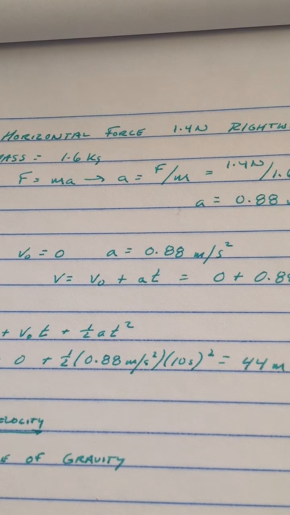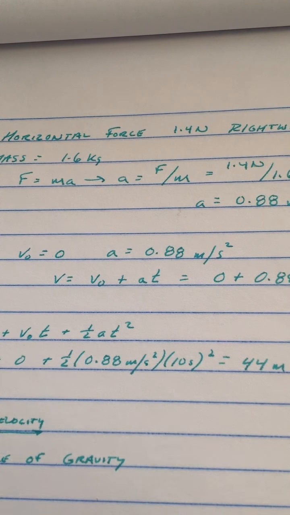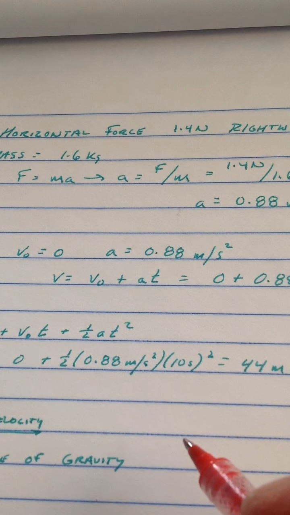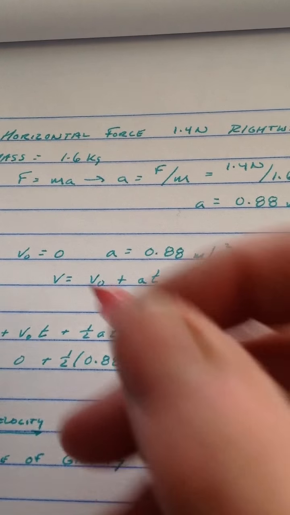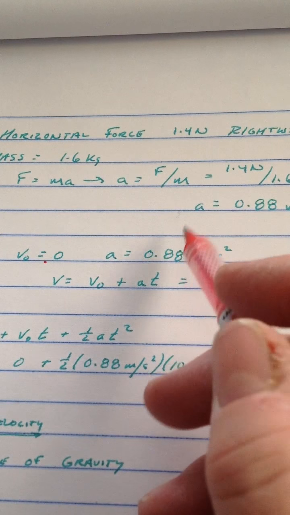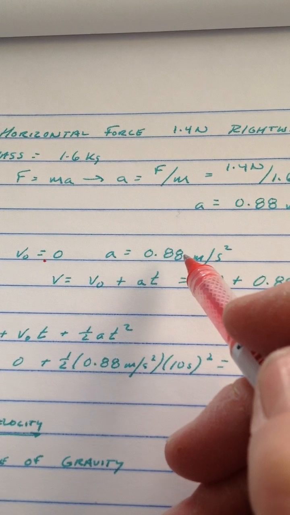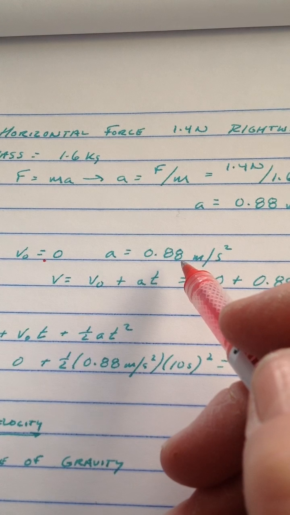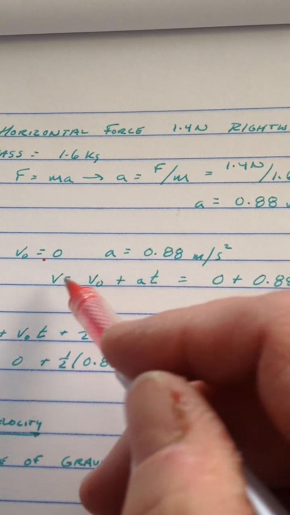All right, and the final question, number 6, that we ask regarding this wagon is if the wagon starts from rest, v0 equals 0, and it's accelerating as we calculated above, then how fast will it be going after 10 seconds?